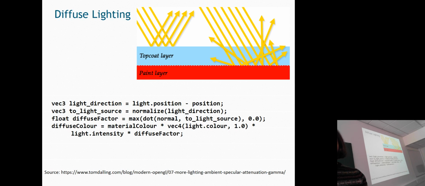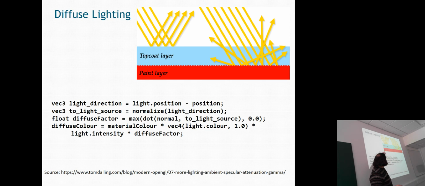For diffuse lighting, it's a little bit more complicated. Here you see a very good example from car paint. We have a top coat layer that is usually very shiny and glossy because it's flat, and we have lots of specular reflections here, while the substrate layer, where the paint layer is rough, has different surface directionalities, and we have more or less diffuse reflection, where the light is reflected into many different directions.